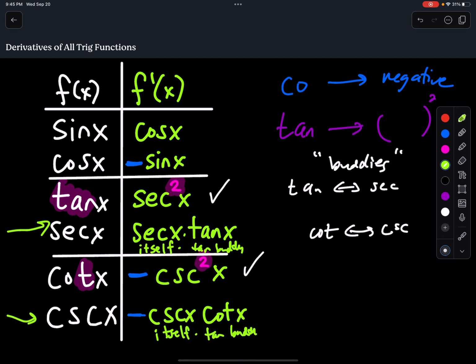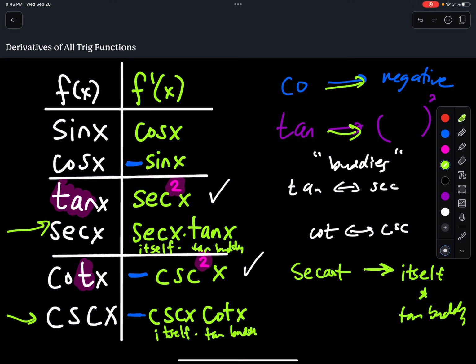So cosecant's tangent buddy is cotangent. Tangent's buddy is secant. Cotan, again, goes with cosecant. Tan with secant. So anytime you take the derivative of a secant, this single arrow means take a derivative, you're going to have itself multiplied by its tan buddy. Thus, we have completed the table.